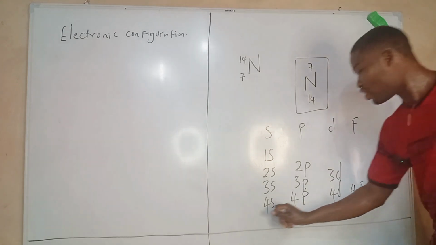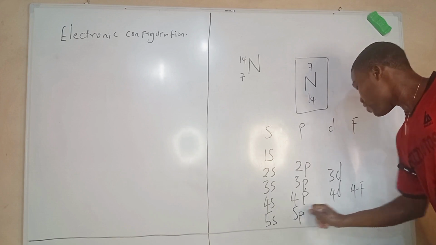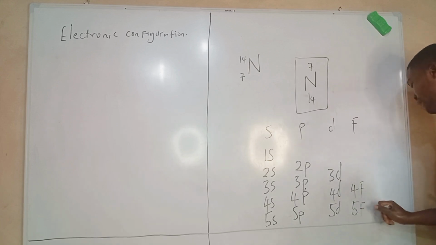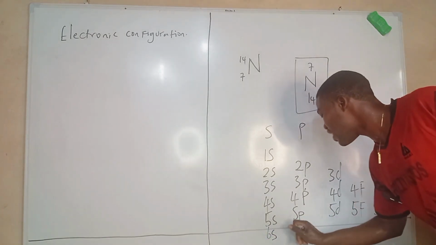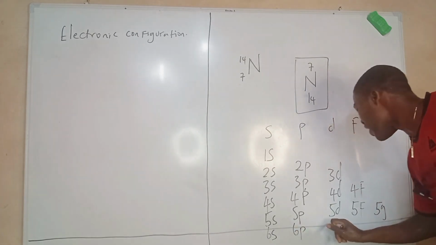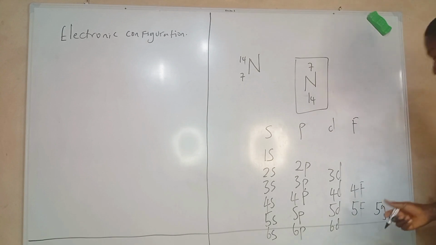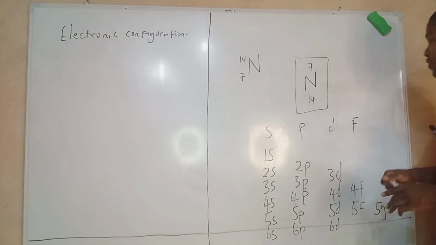For the fifth, we should have 5s, 5p, 5d. There is also the possibility of 5f, and 5g, which is not discovered yet. We can also have 6s, 6p, 6d, 6f as the case may be, and so on and so forth.